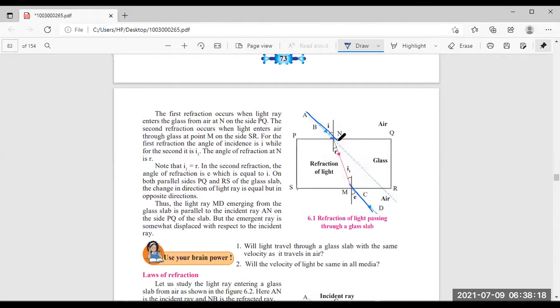When we increase this, we will get it parallel. See, it's not looking parallel now. When we draw with the help of a scale, we will get it parallel. So like this, with a rectangular glass slab we get this experiment, and through it we can understand that the angle of incidence is equal to the angle of emergence, and light refracts from one medium to another medium.